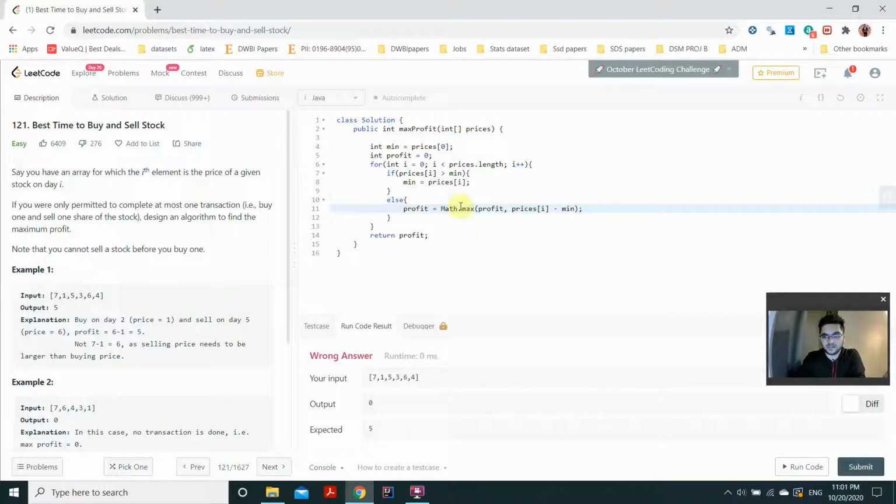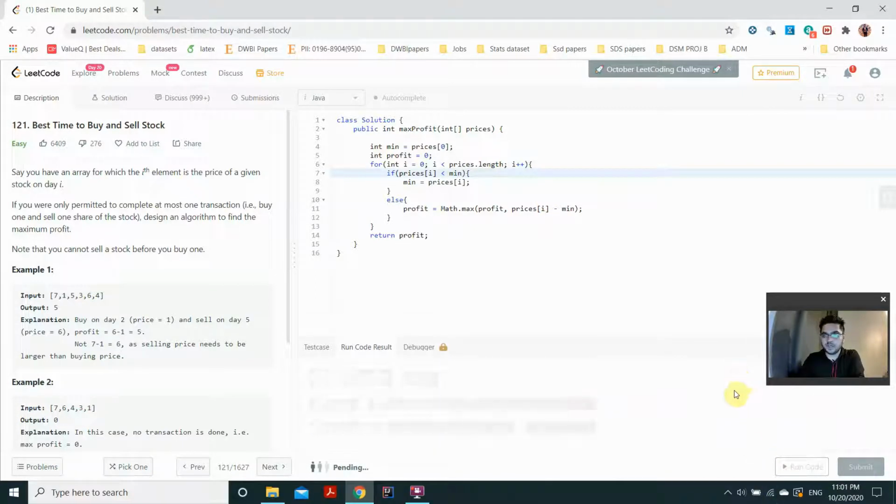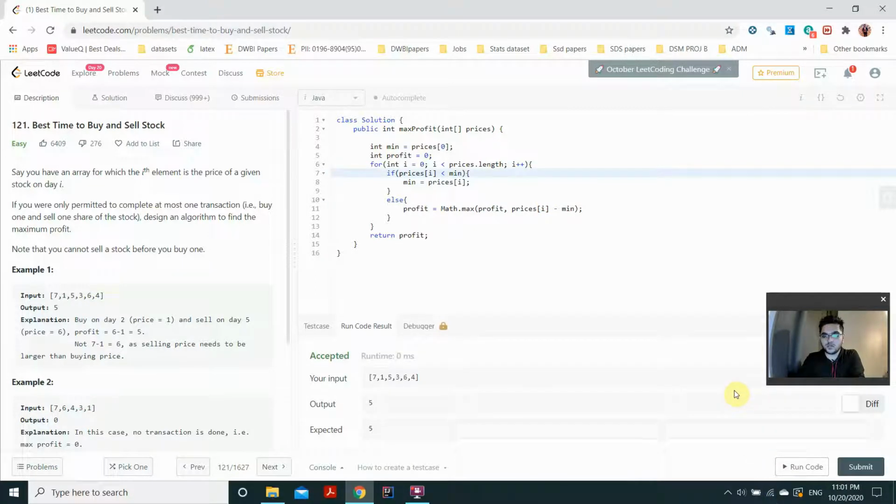Okay, so what's the issue? What's the output? The profit is prices of i minus minimum. If prices of i is not greater, it should be smaller, right? This should work fine now. I hope so.